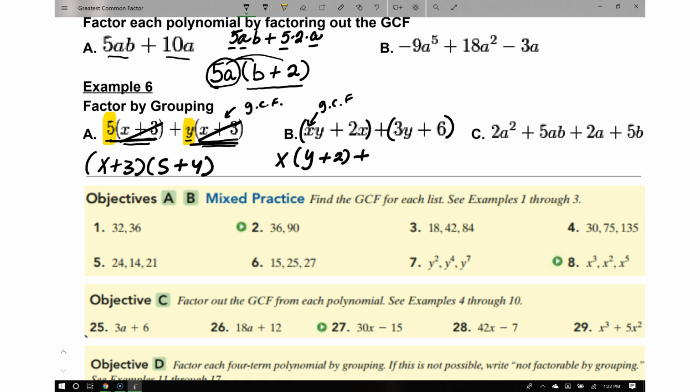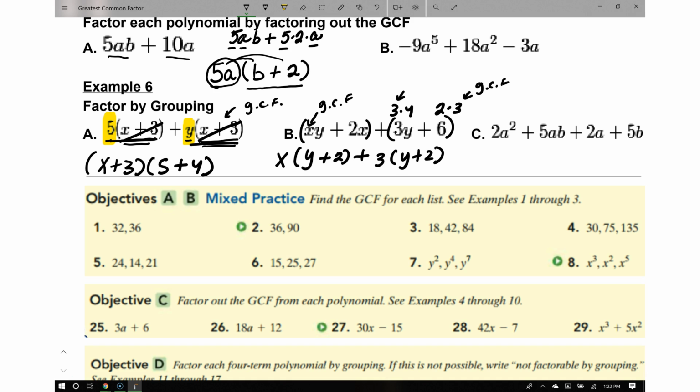Plus, if you notice, we have 3 times y, and 6 can be expressed as 2 times 3. And you notice that the greatest common factor for that part of the expression is 3. So we're going to factor the 3, and we're left with y plus 2.